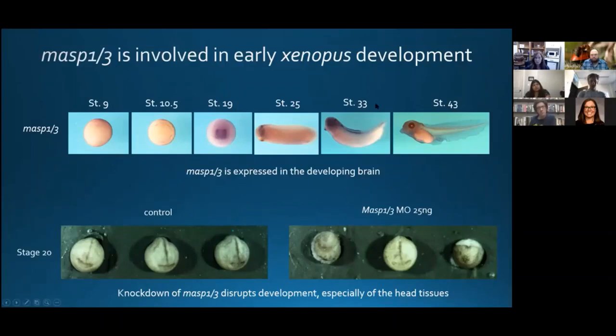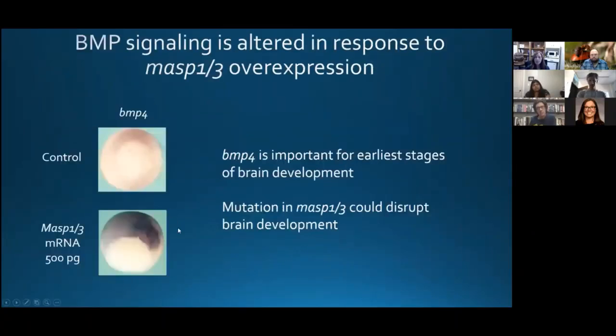And so together this suggests then that MASP1-3 may play an important role in early brain development. And then finally, we've been starting to look at what the function actually is of MASP1-3, what genes or what proteins it may act on as a protease. One experiment that we did, we found that when we overexpress MASP1-3 in the early embryo, we get this massive increase in expression of another gene called BMP4.